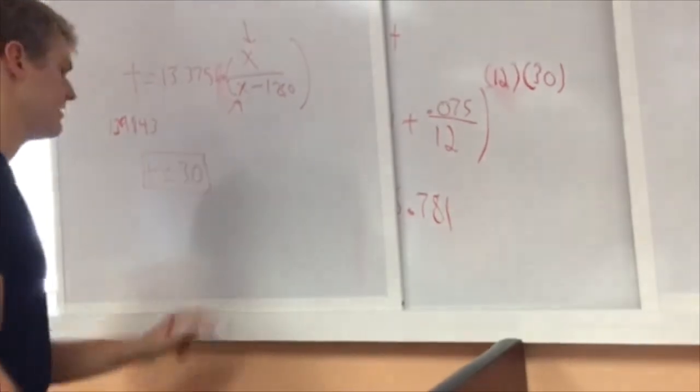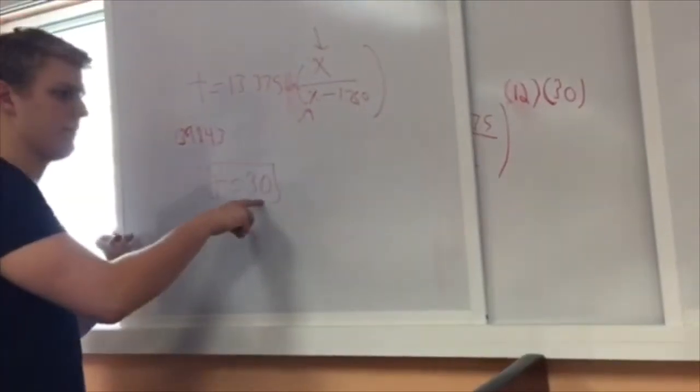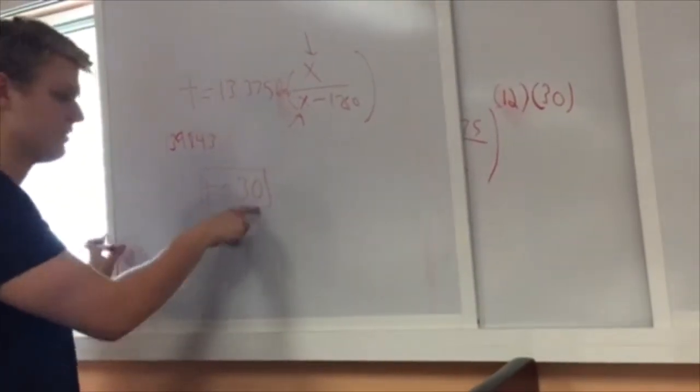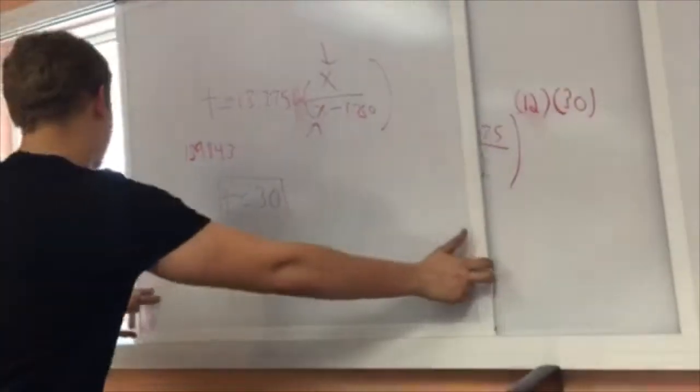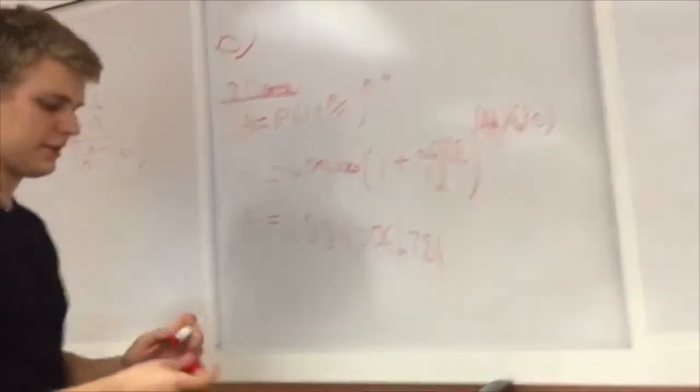This is the amount of time that you're going to pay the mortgage, T equals years, as it states in the problem. After that, you're going to have to calculate the interest.